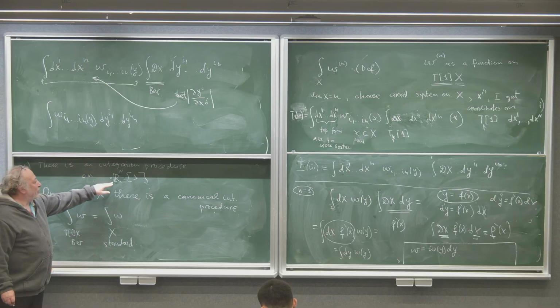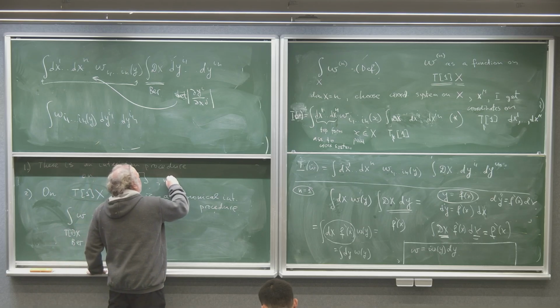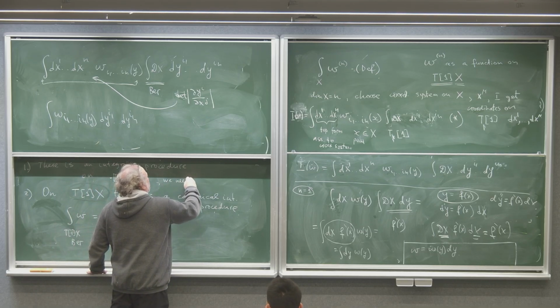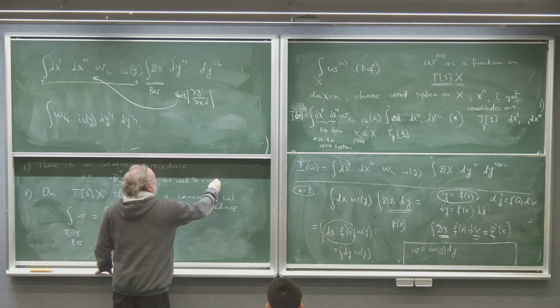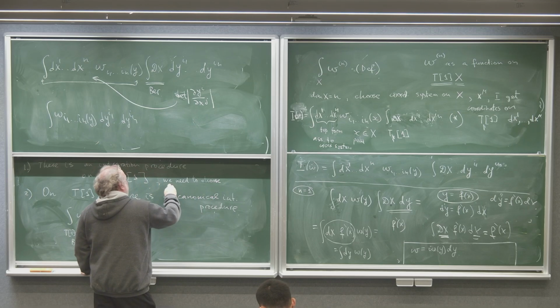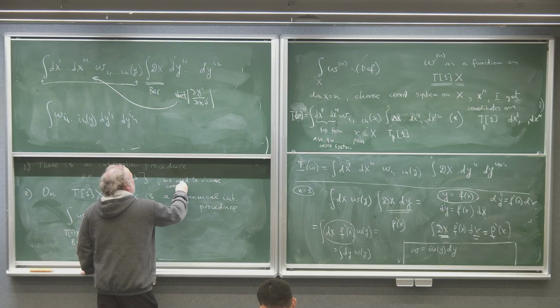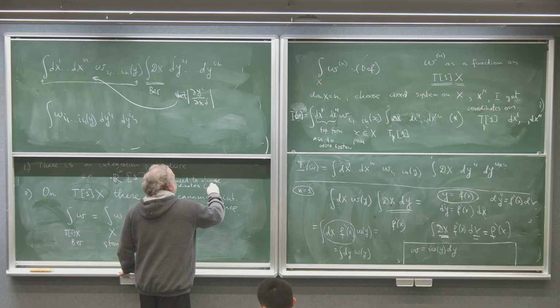If we would like to integrate over R^n shifted by 1, we need to choose coordinates, actually, the top form.